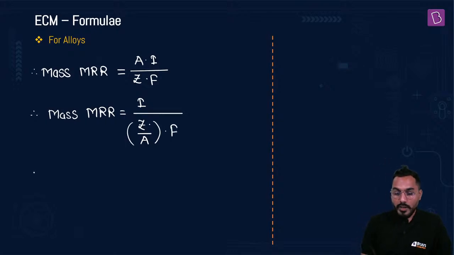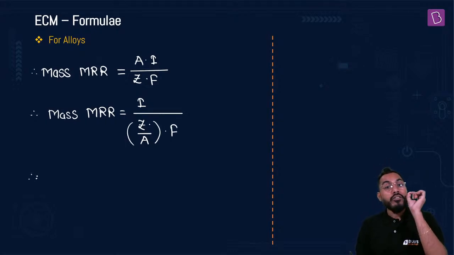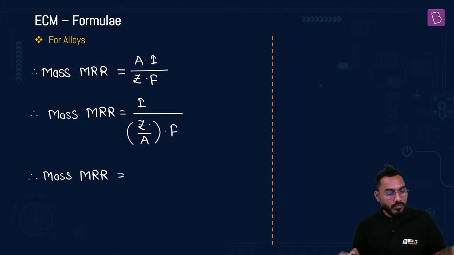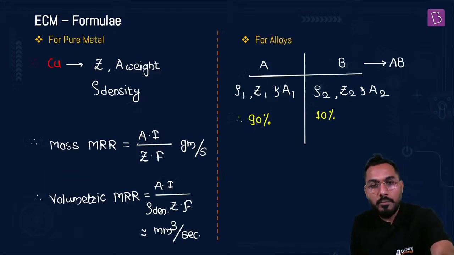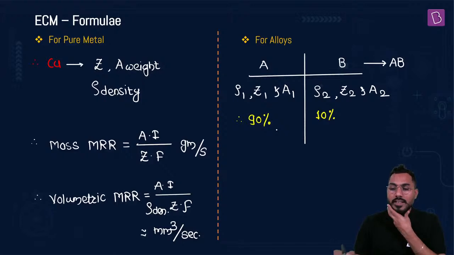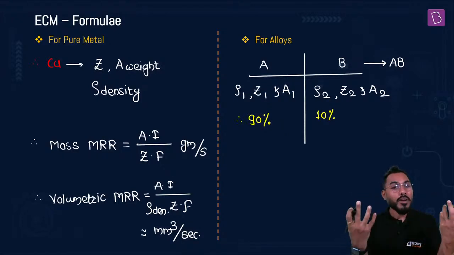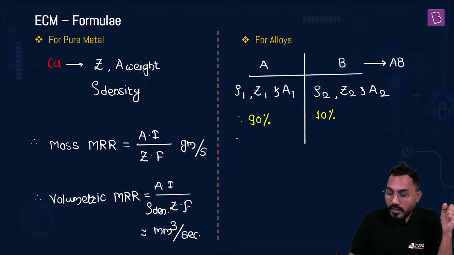And now we have to select a weighted average. Let's take a hypothetical example: we have selected material A is 90% and B is 10%. Suppose material A is X percent.